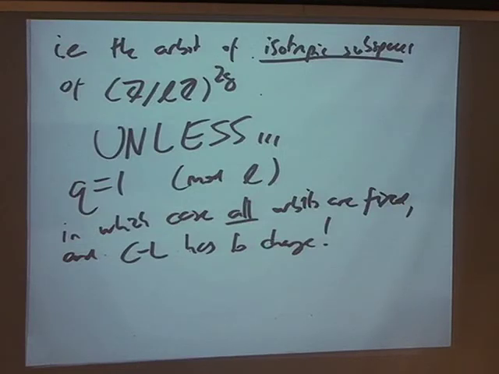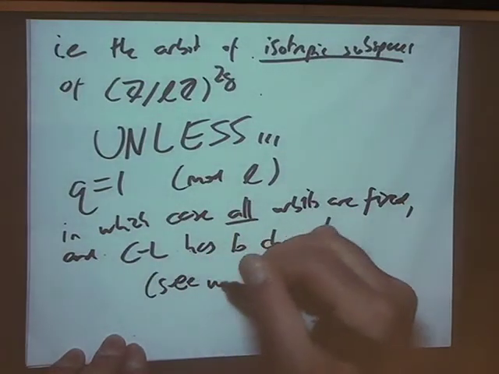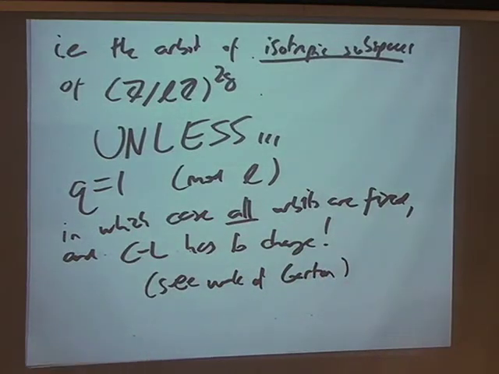The thesis of my student Derek Garton is precisely about this. See work of Garton. What's cool is that you can look at what's supposed to happen when Q is 1 mod L, and you can, in this geometrically principled way, generate a modified version of the conjecture which exactly corresponds with what Malle got.